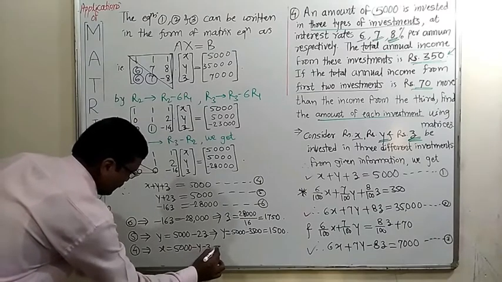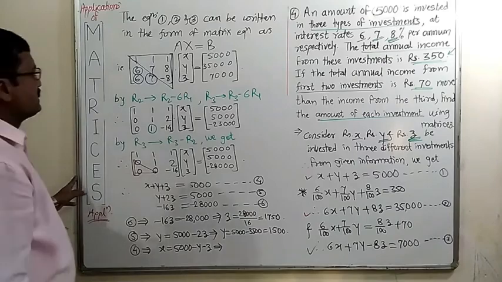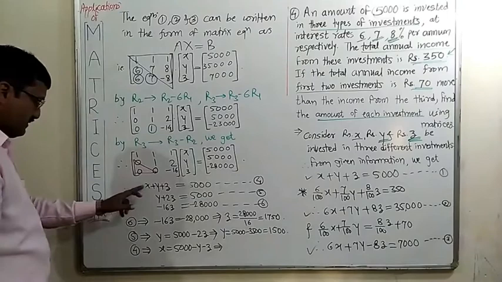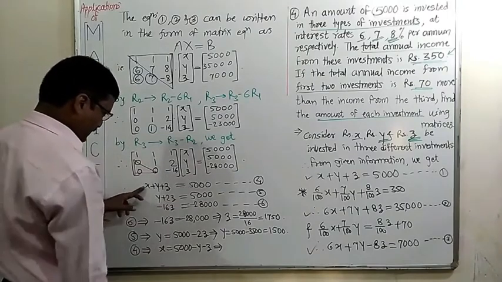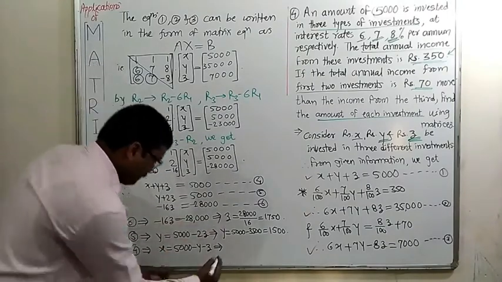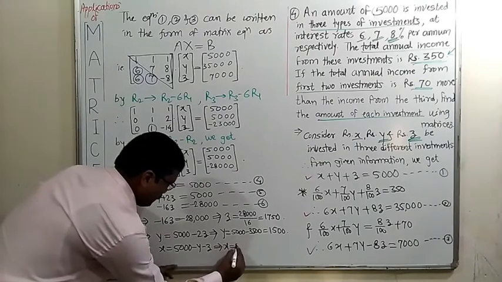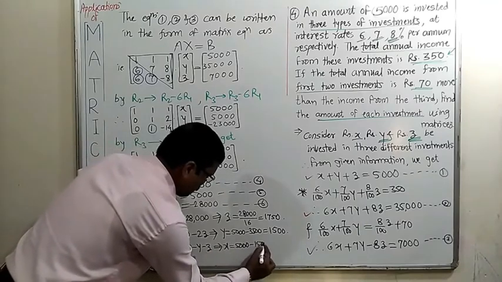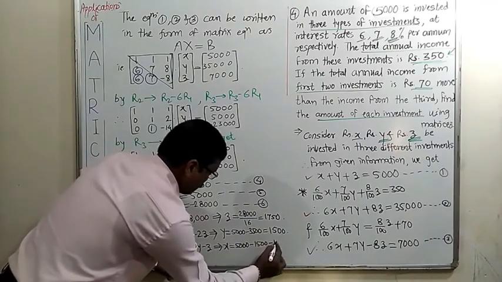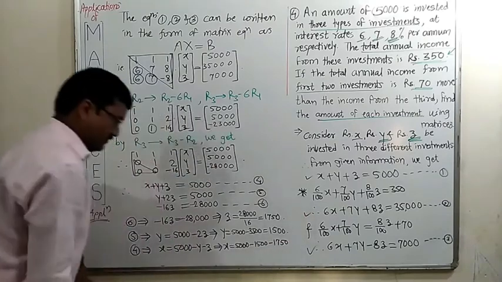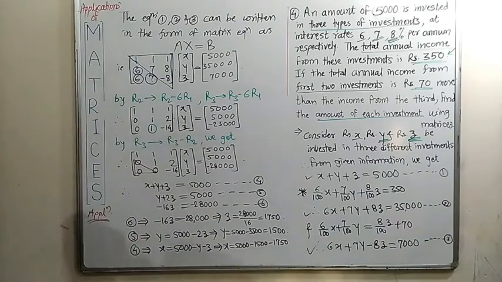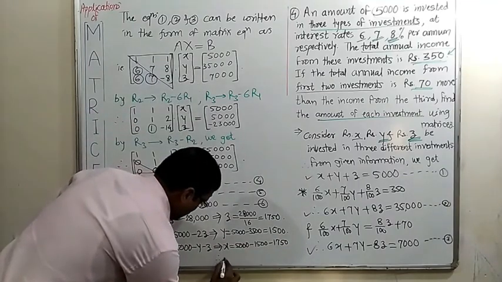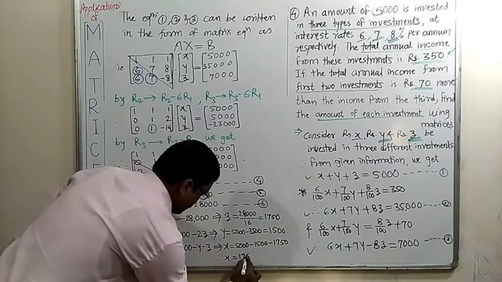Now for the last, equation 4 implies x equal to 5,000 minus y minus z, because the equation is x plus y plus z equal to 5,000. So x equals 5,000 minus 1,500, which is 3,500, minus 1,750, equal to 1,750.